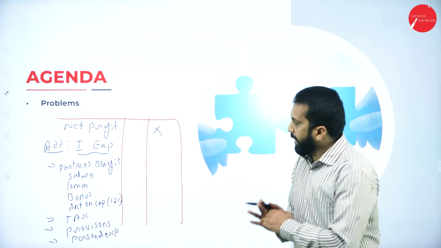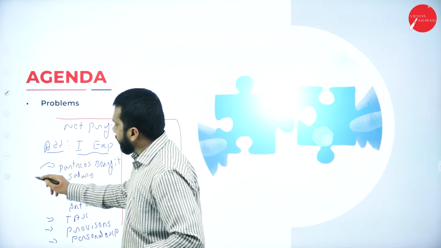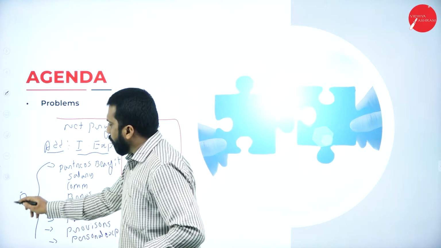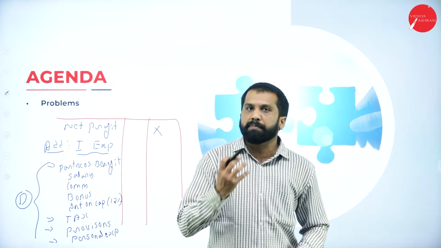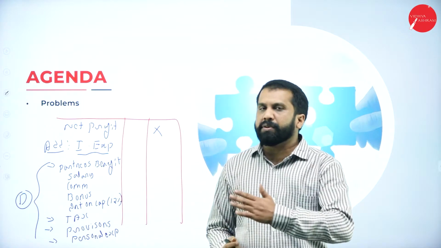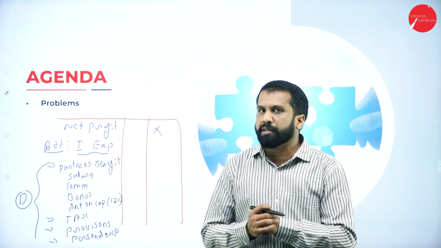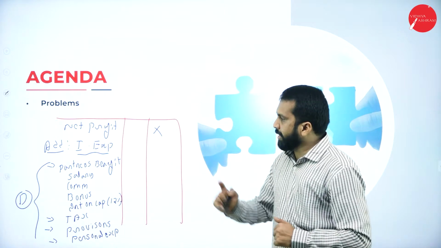Hope you are clear. Everything you will get on which side? Debit side of your question. If you have a P&L account, everything you will get from the debit side. Hope you are clear.